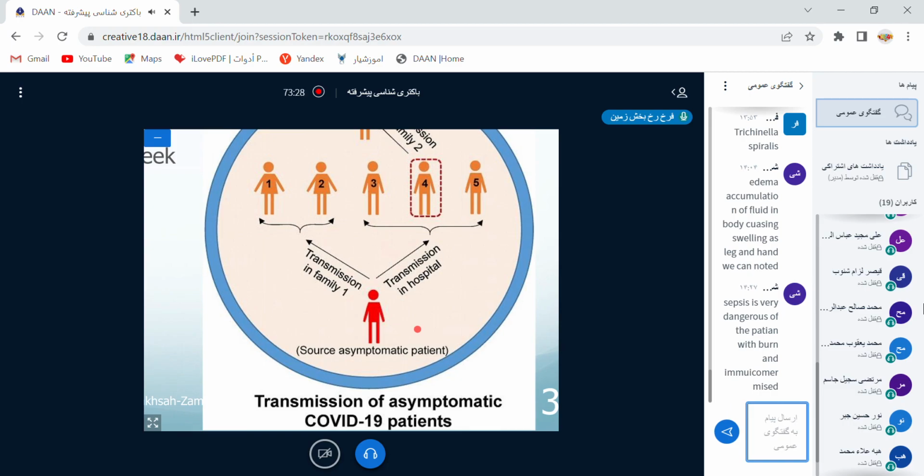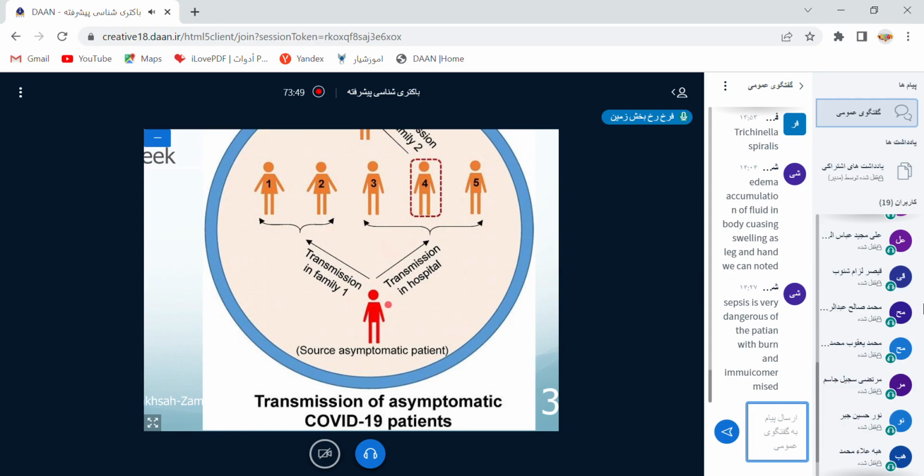Because of this, sometimes you ask people, why don't you use a mask? He says, I don't feel any problem. I don't have disease. But sometimes maybe you have an infection without any symptoms. So it is asymptomatic.